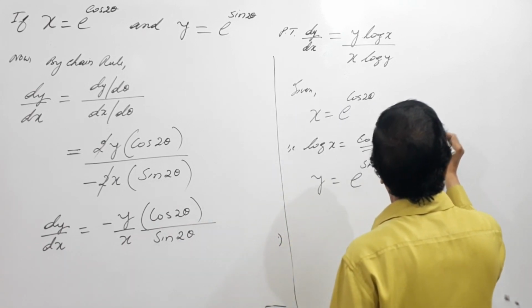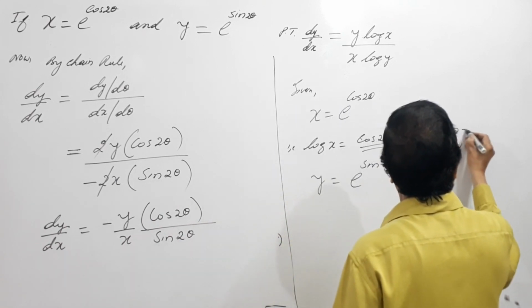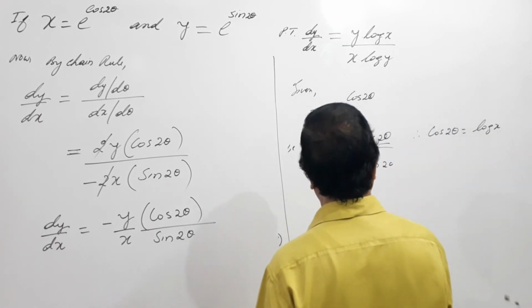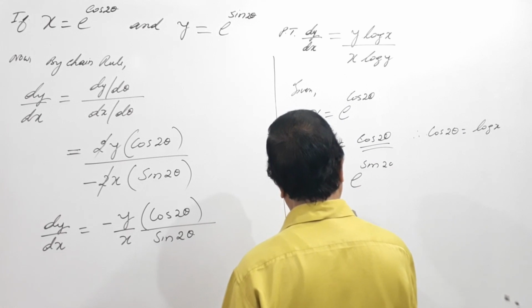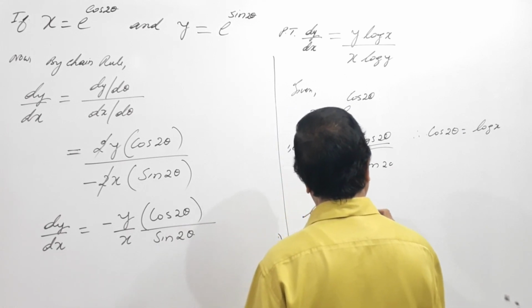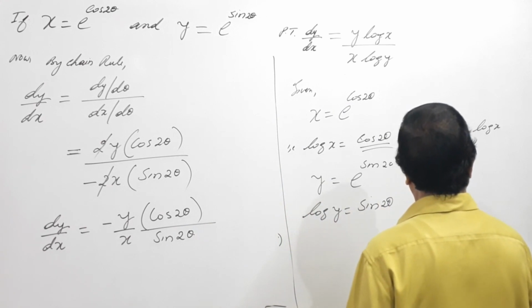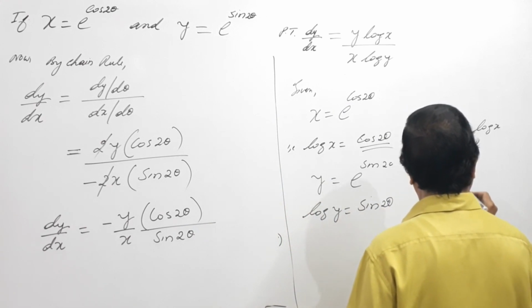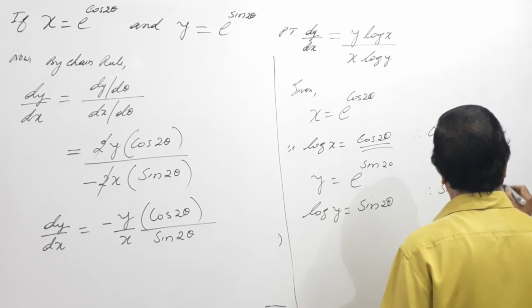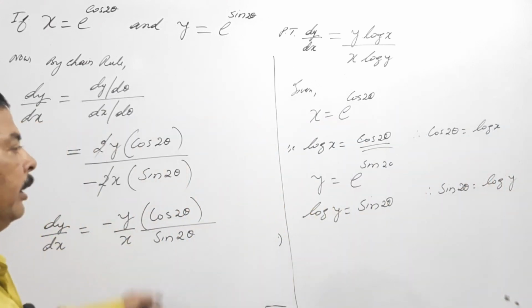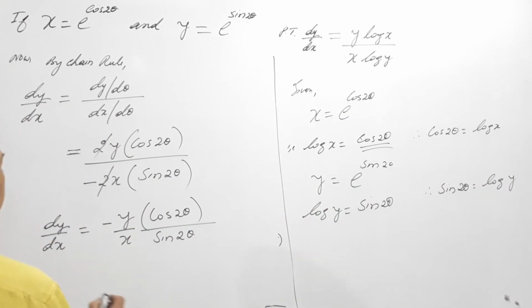Therefore cos 2 theta equals log x, and log y equals sin 2 theta. Therefore sin 2 theta equals log y. We will substitute the values for cos 2 theta and sin 2 theta.